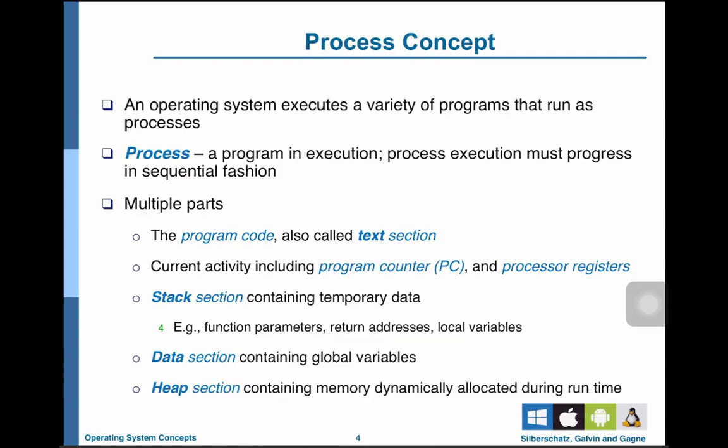The current activity of a process is described by the program counter, which means the next instruction to be executed by the CPU, and some processor registers. Another section called the stack contains temporary data such as function parameters, return addresses, and local variables.